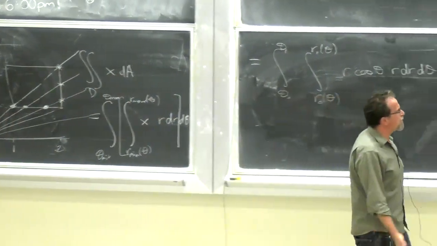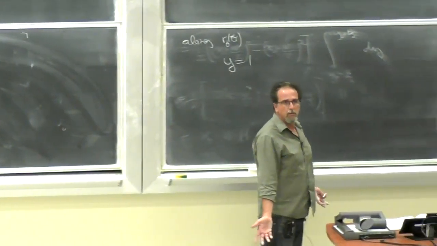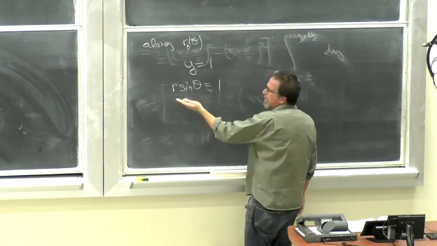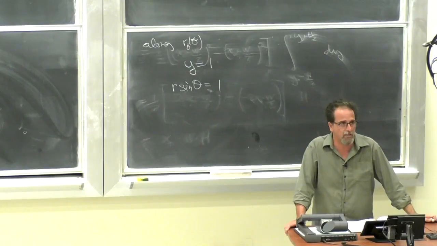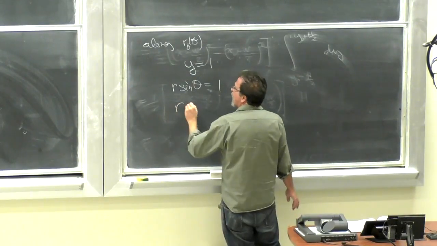How do you deal with this? You have to put everything in polar coordinates. y is equal to r sine theta. You've got to memorize that, guys. It's easy enough that you can memorize it. You've memorized it in trig ages ago. But here, you must express r as a function of theta.